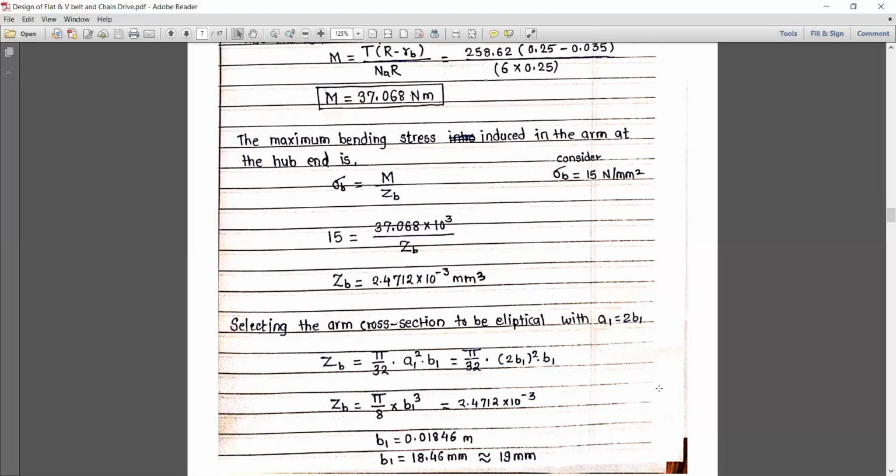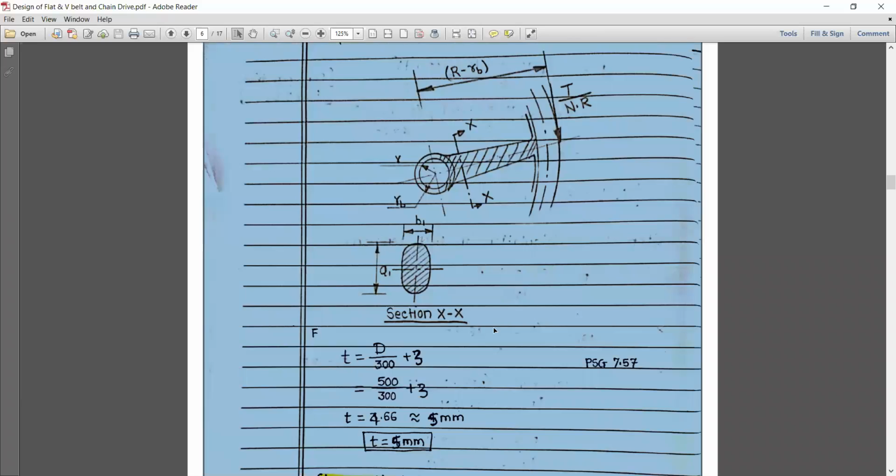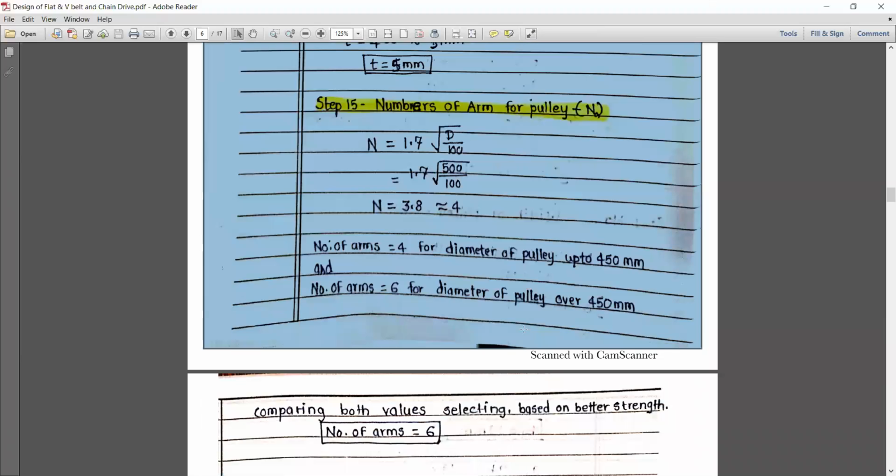As we are using an elliptical cross-sectional area, we use an empirical relation between the width and the length. The width which we have considered as B1, and the vertical dimension as A1.